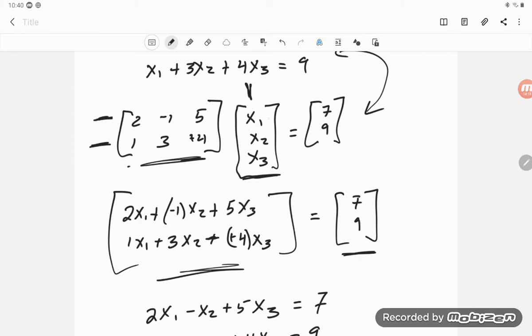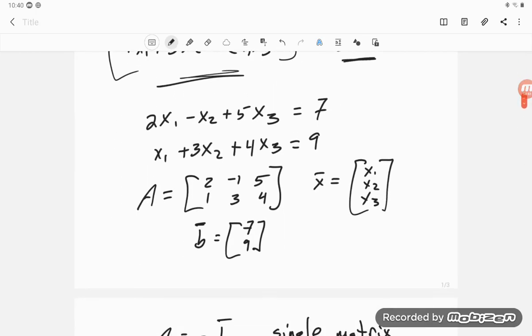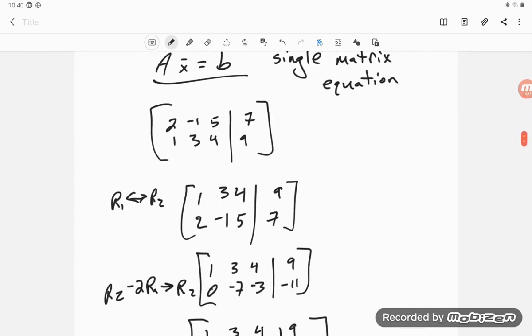So we're taking some vector in 3 space, x1, x2, x3, and multiplying it by this matrix that is 2 by 3, and we are transforming that vector into a 2-dimensional vector, 7, 9. And we're wondering, well, what could that vector be that would do that? And so that's one way to view it.